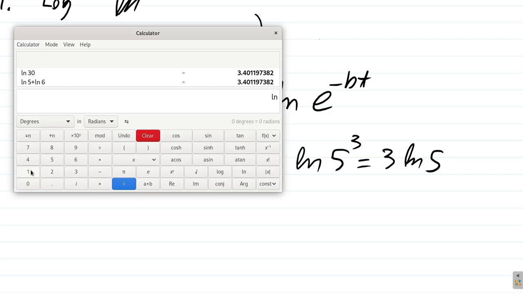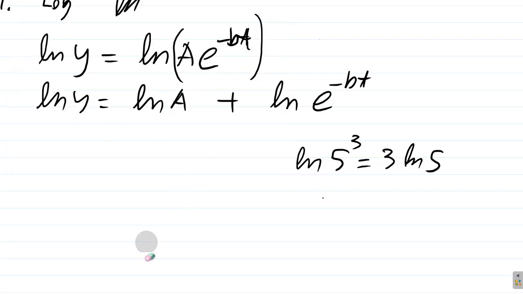So ln 125 is 4.828 and so on. Now 3 multiplied by ln 5 equals the same thing. So you multiply the power times the log of the number.